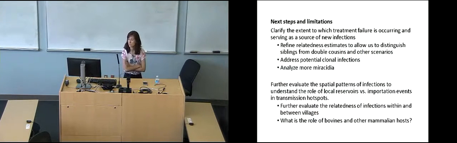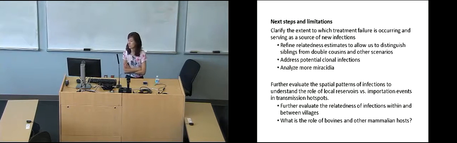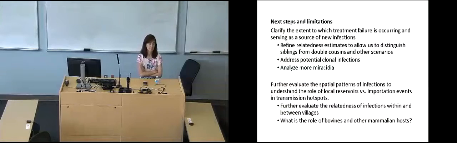I just have a few more things, where we are going next. One, we want to clarify the extent to which treatment failure is occurring in these villages and serving as a source of new infections. So not only are people retaining their infections, but are those retained infections serving to populate new ones? This requires digging into relatedness and the issue of potential clonal infections, which we're looking into, and we're hoping to analyze in the short term in the hundreds of Myristidia.